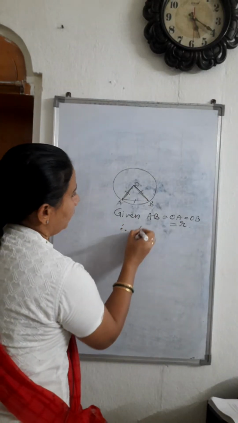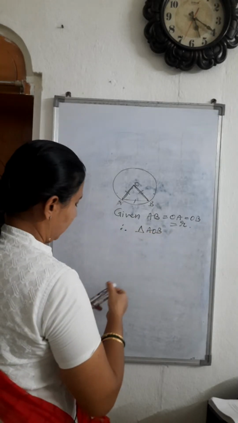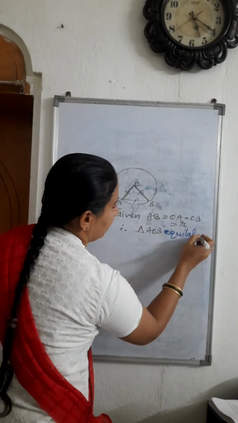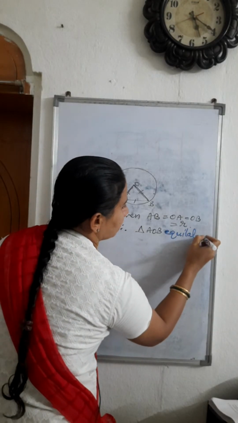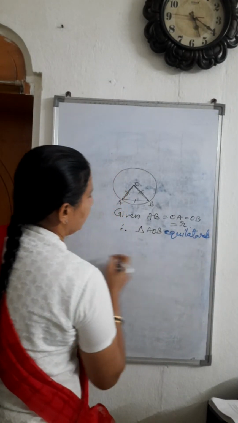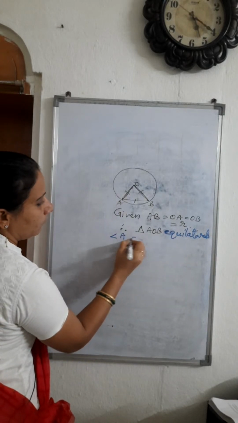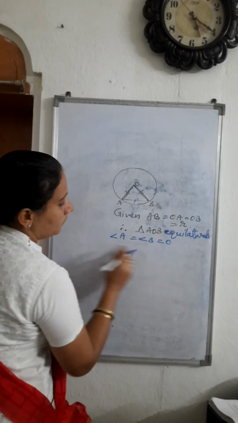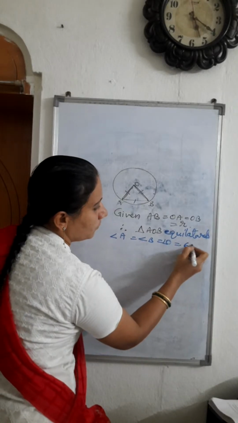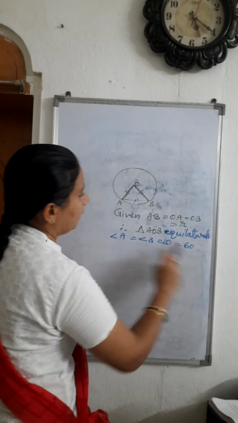Therefore, triangle AOB is an equilateral triangle, where all three sides are equal. In an equilateral triangle, we have all angles equal. So angle A equals angle B equals angle O, which is equal to 60. As three sides are equal, the angles will be equal.